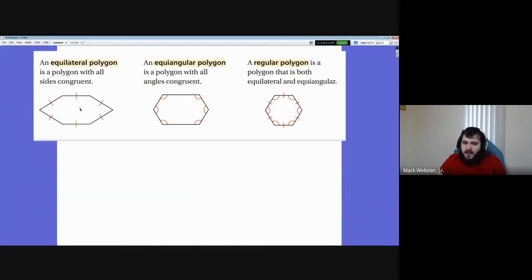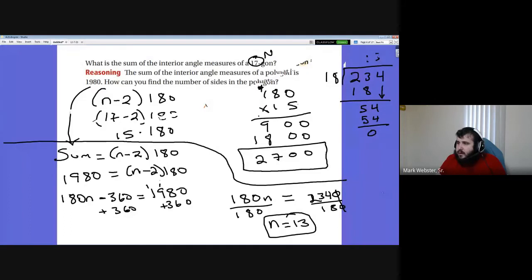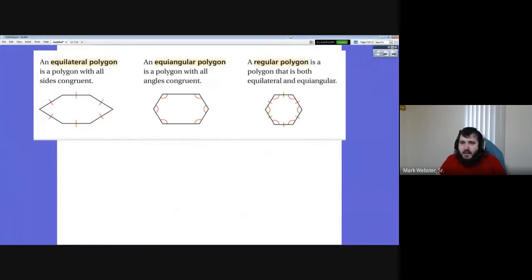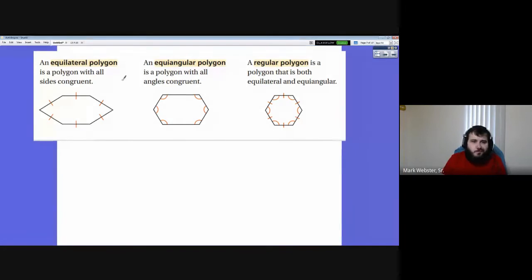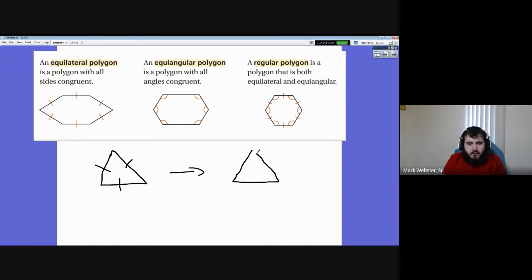All right. Next, we want to sort of have a talk about some terminology, because this is going to come up over and over and over the more that we go through different shapes. When we were talking about triangles, all three of these things were the same, right? We talked about how if the three sides are the same, that tells us that the three angles were the same for a triangle.